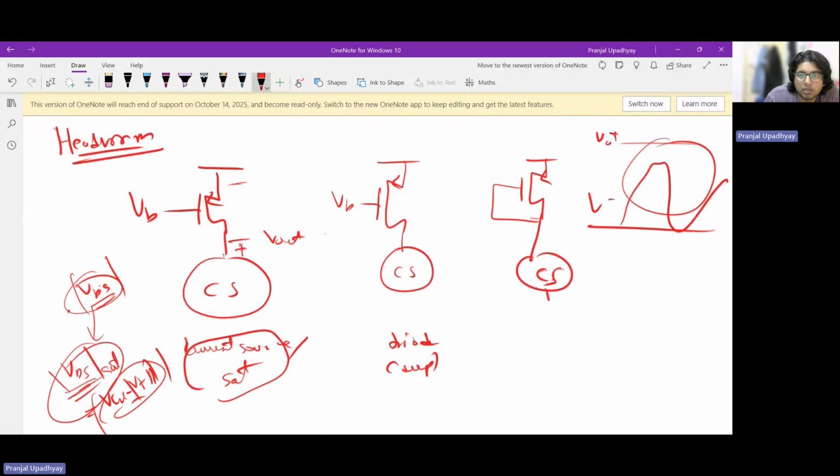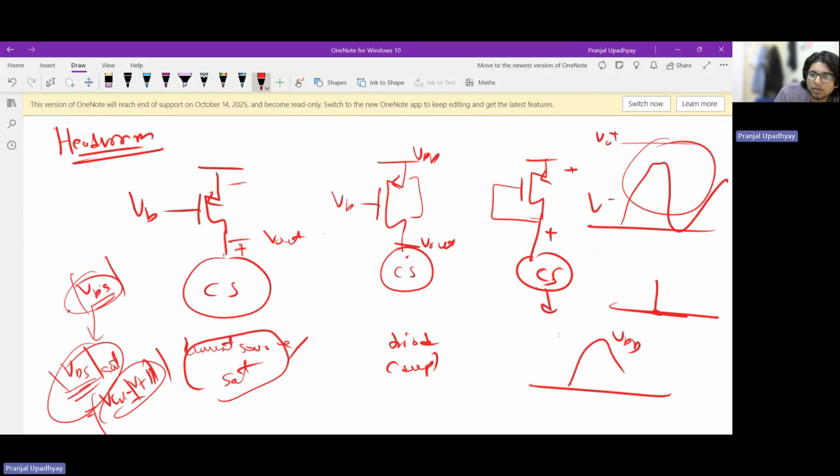The same thing is true for the diode connected load, that this must be at least of this value, correct? That means this much drop is happening, and so the upper output swing is limited. If this signal V out swings all the way to VDD, then some VDS has to be available so that these two are in saturation.